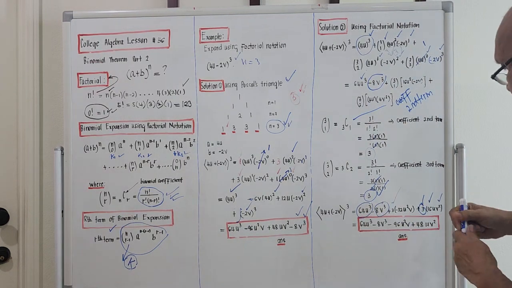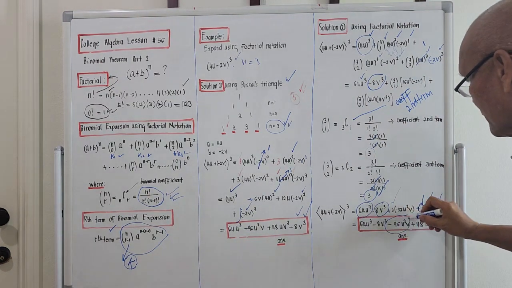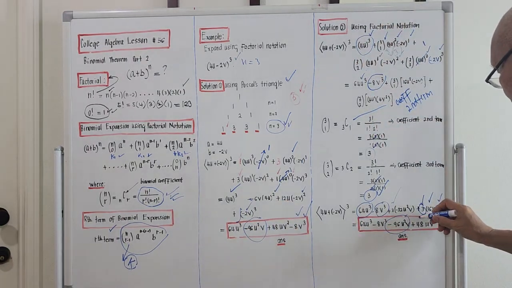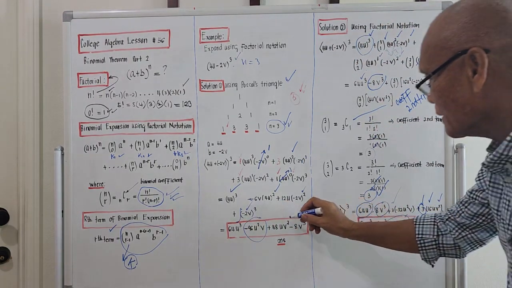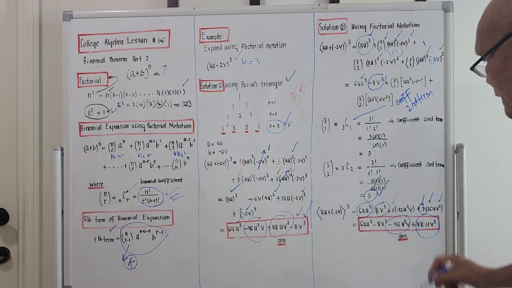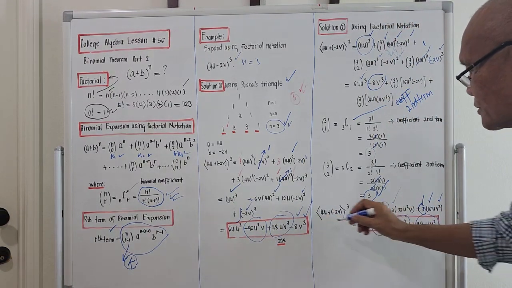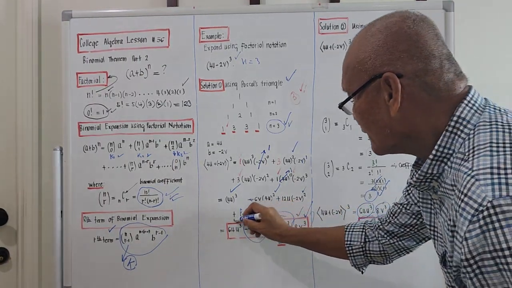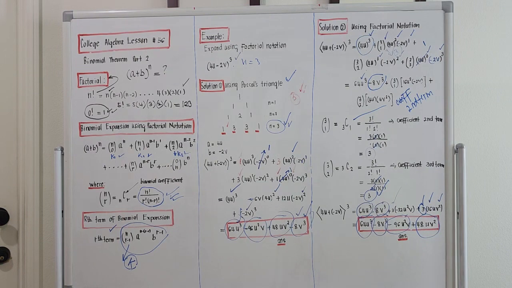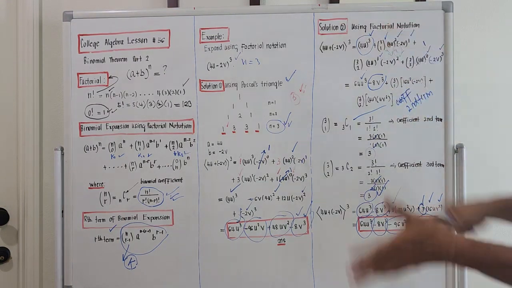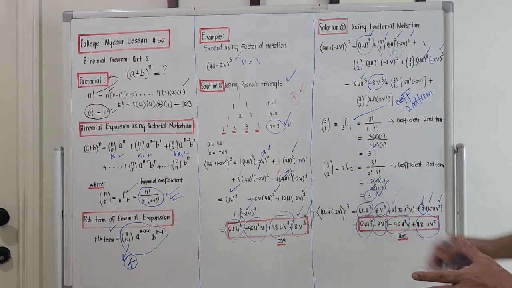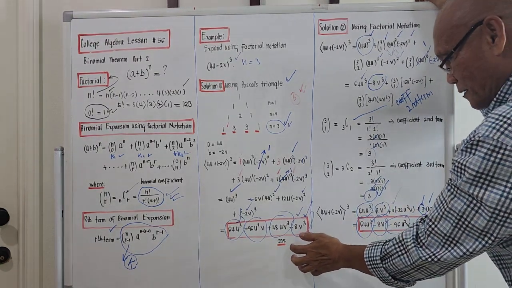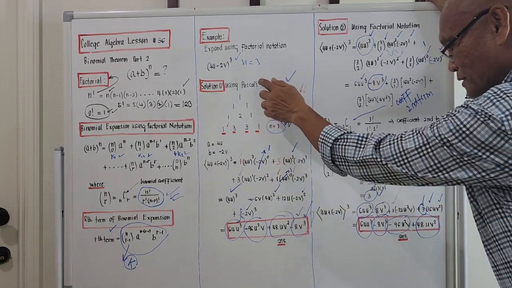So this 96u squared b is this one. And 48ub squared is this one. Negative 8b cubed is this one. And 64u cubed is this one. So by presenting the factorial notation solution, it comes out that the final answer is the same as the answer by using Pascal's triangle.